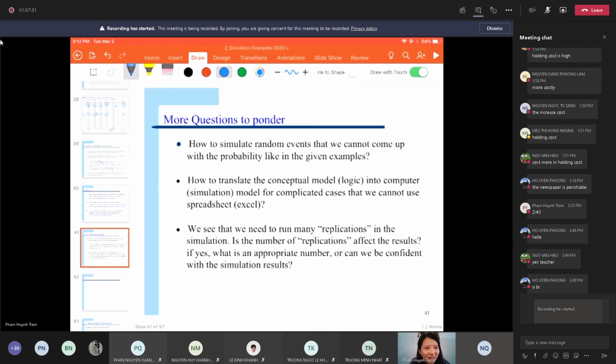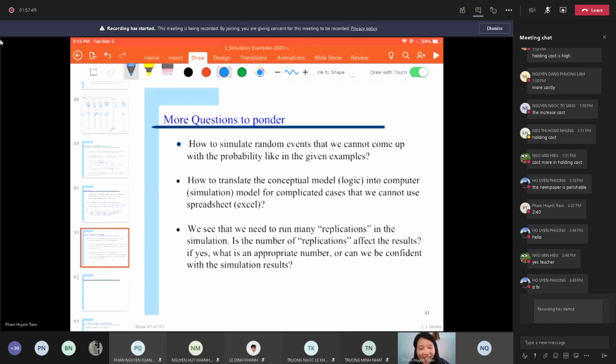We have a fixed probability for a specific value, a table of probability distribution, and I gave you a way to simulate that.